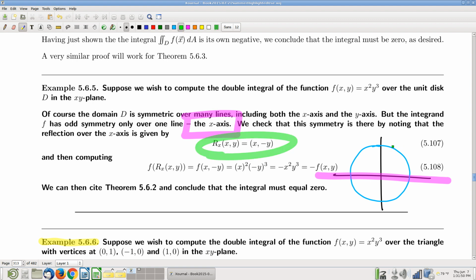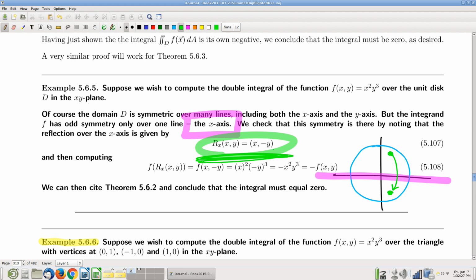Any point where you might happen to be, the formula for finding the reflection of it, easy to see that the x-coordinate stays the same, but when you reflect that point, you get the negative of the y-coordinate for the reflection. So, thus, this formula here for the reflection.